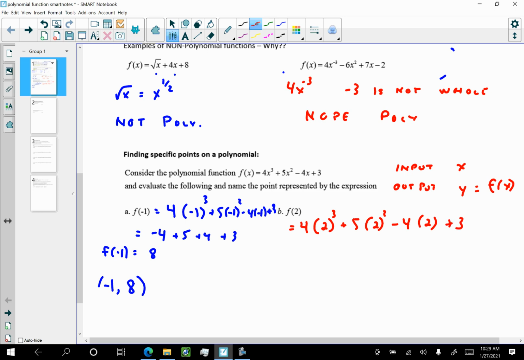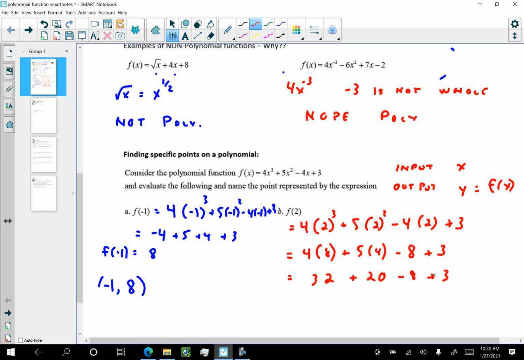Now we're going to evaluate it. 2 cubed is 8. I have 4 times 8. 2 squared is 4. I have 5 times 4. Negative 4 times 2 is negative 8. Plus 3. 4 times 8 is 32, plus 20, minus 8, plus 3.